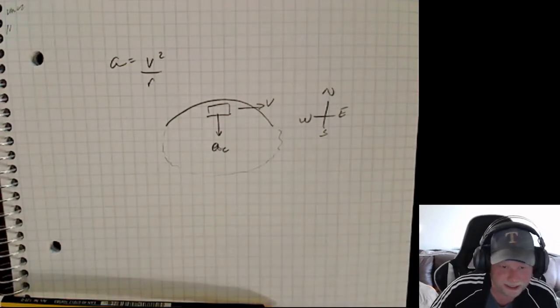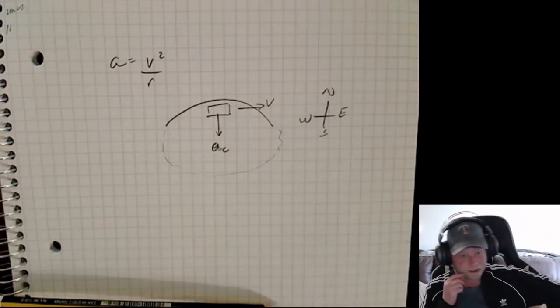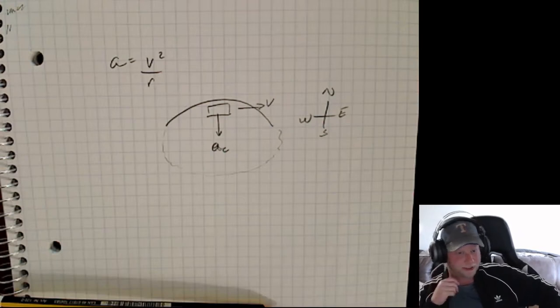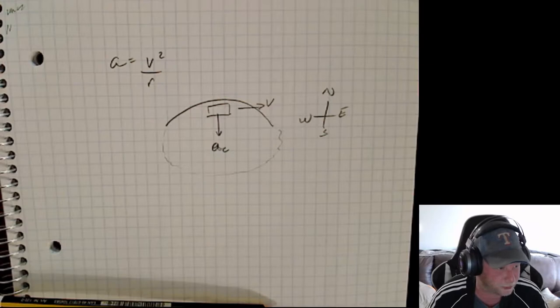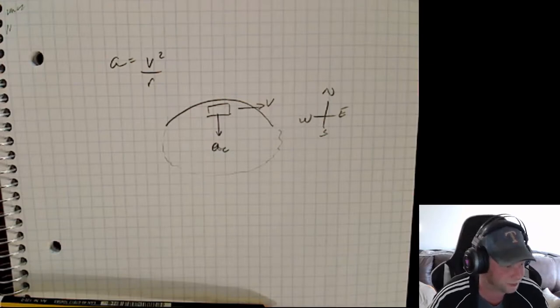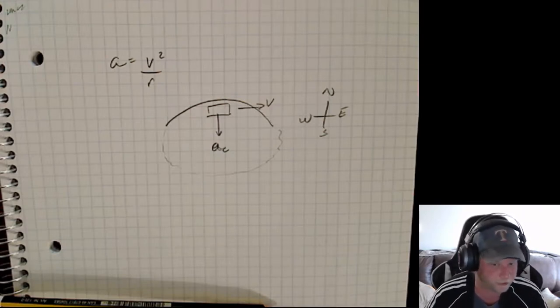All right, so just like in simple harmonic motion, we're still going to be dealing with the ideas of period and frequency. The definition for those two hasn't changed at all. Period is still the amount of time it takes for an object to complete one cycle. In the case of circular motion, that cycle is one full revolution.